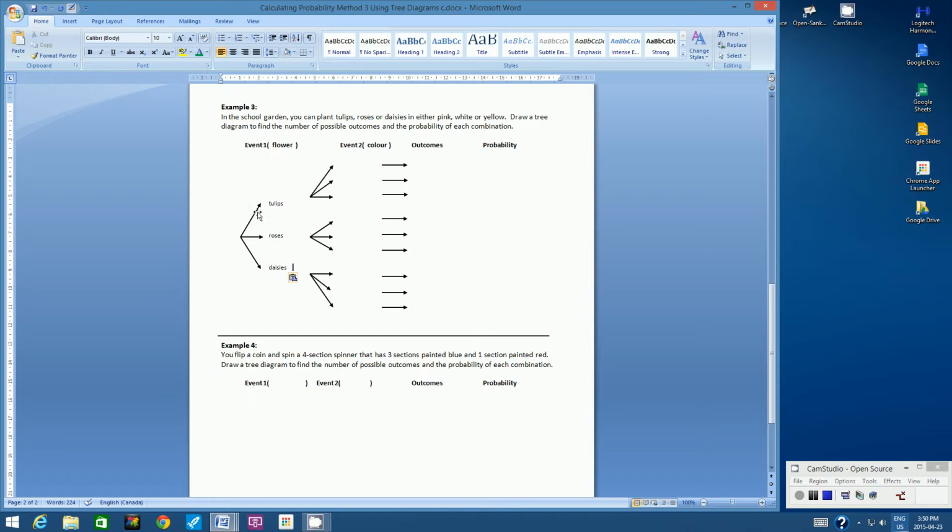Okay, so from each of these branches, then we have another 3 branches. And what do these 3 branches represent? Well, they represent event 2, which is color. So have you figured out what's going to be written at the end of these branches? Well, we have 3 choices of color.